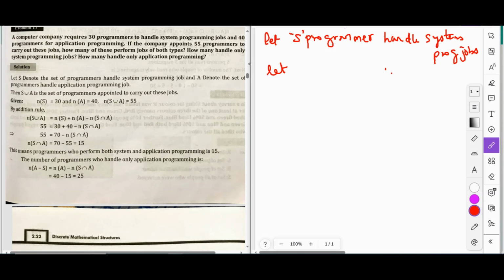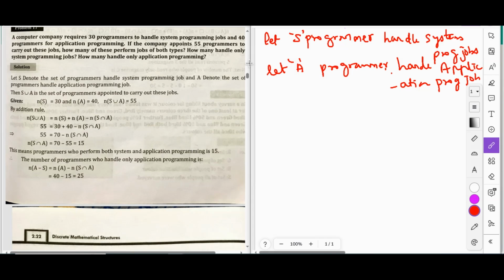And one more we have is application: let A be the programmers who handle application programming jobs.